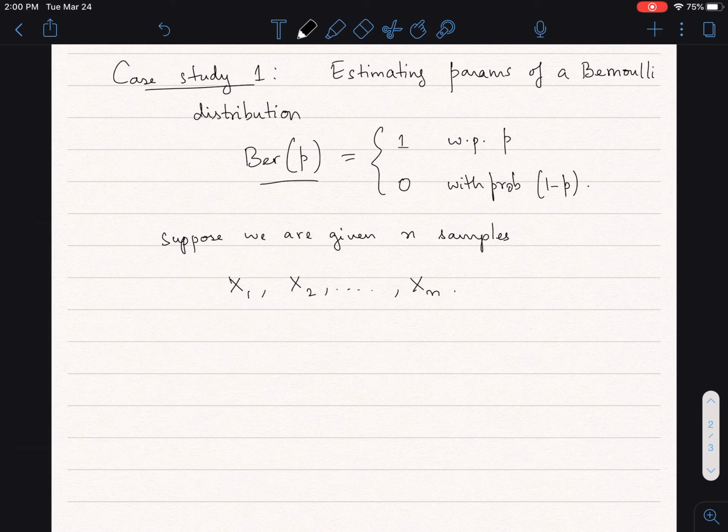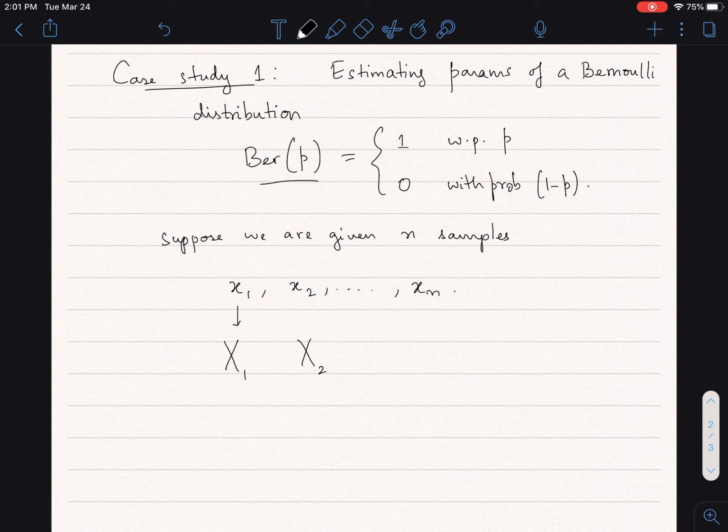Okay, so these are n samples from this distribution. Maybe I should be a bit careful here and try to distinguish capital X from small x. So each small xi is a realization of the random variable capital Xi.